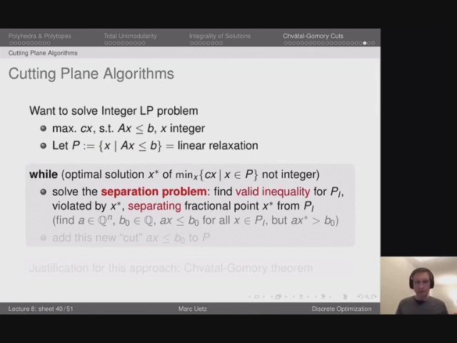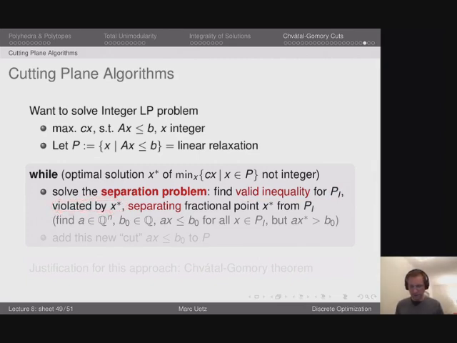And then I can do the following. As long as I still find optimal solutions x star of the corresponding linear relaxation which are not yet integer, I try to solve the corresponding separation problem. That essentially means I can try to find, for example, a Schwarz-Montgomery cut, which is a valid inequality for the integer points, but which cuts away the corresponding fractional point that I currently have.